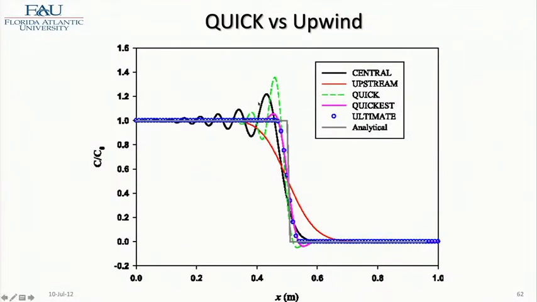Analytically, it should be the gray line, flat, then almost vertical, and then flat again. If we implement first order upwind, where you just go left or just go right, you get a huge smoothing of the function, which is not desirable. This is the numerical diffusion that comes into it. And if we use QUICK, that's the green line, our smoothing is not as bad, but now we have oscillations.